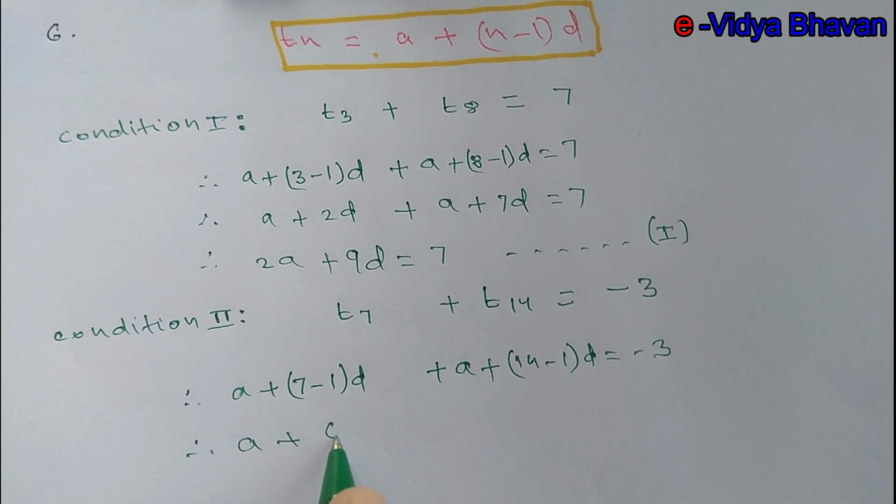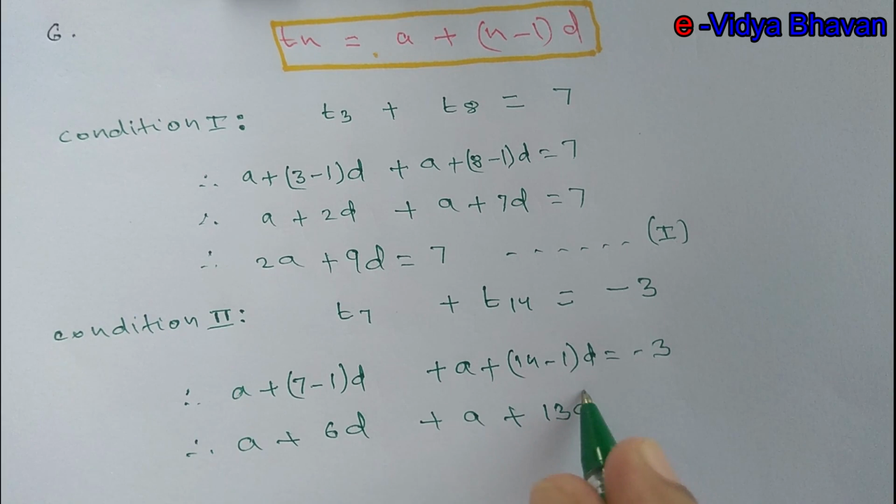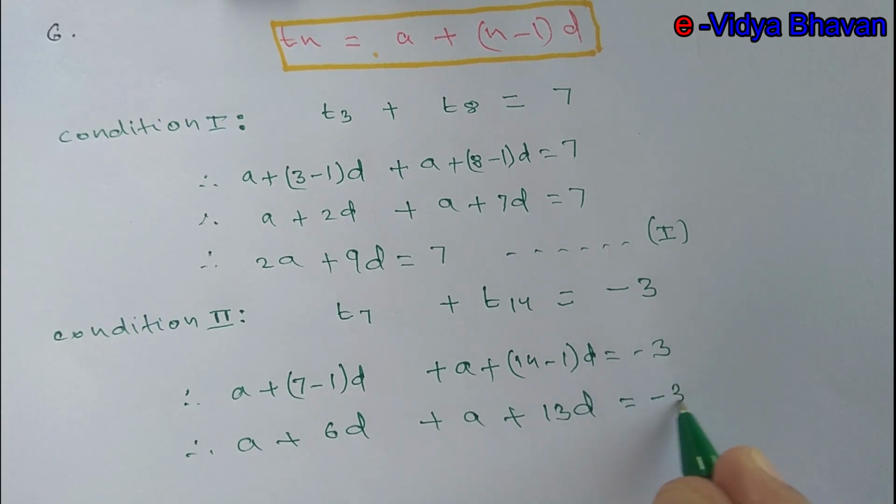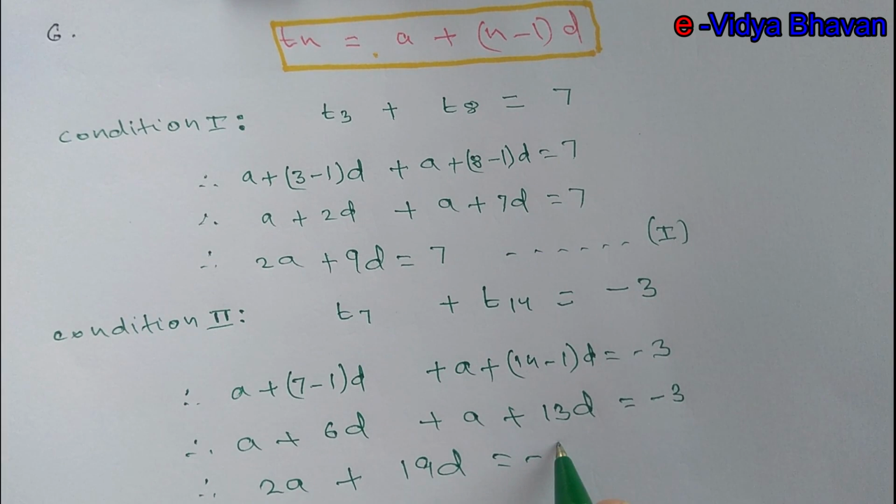Therefore, a plus 6d, a plus 13d equal to minus 3. Therefore, a and a is going to give me 2a, 6 plus 13 going to 19d, and this is equal to minus 3. And this will be your second equation. Now let us solve the equation number 1 and equation number 2 to get the value of a and d.